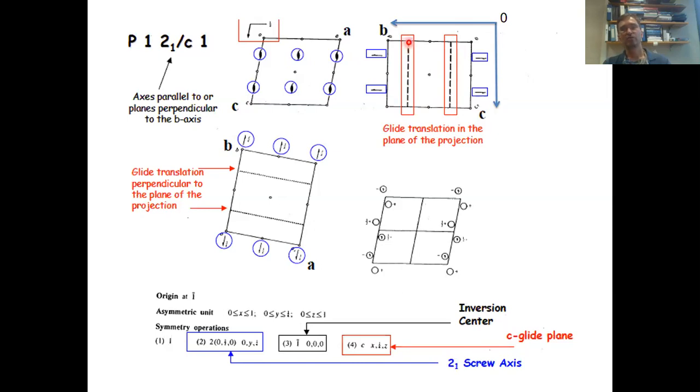And you see that the dots point into B direction, and that is because the glide plane stands perpendicular to B. So it's actually in the AC plane.